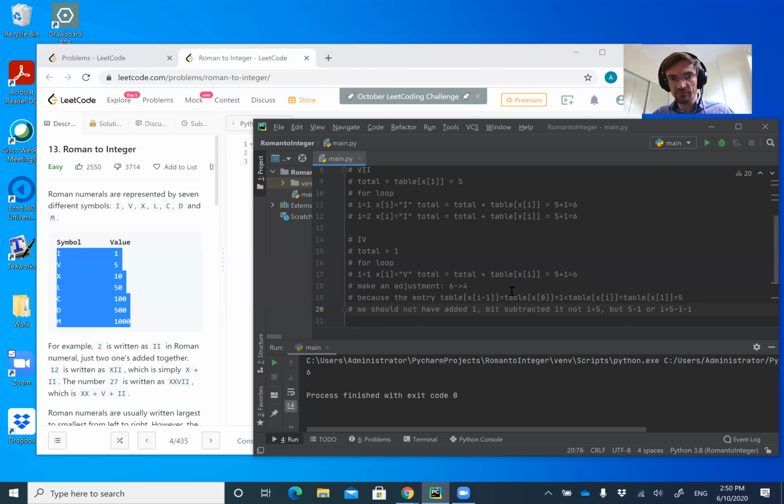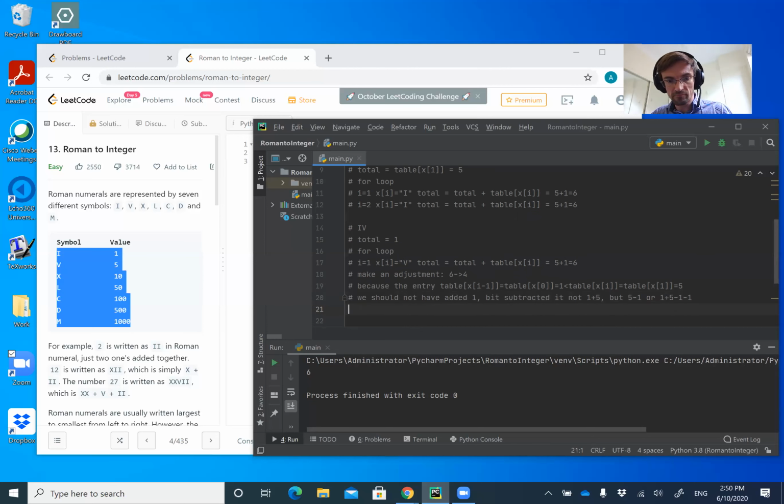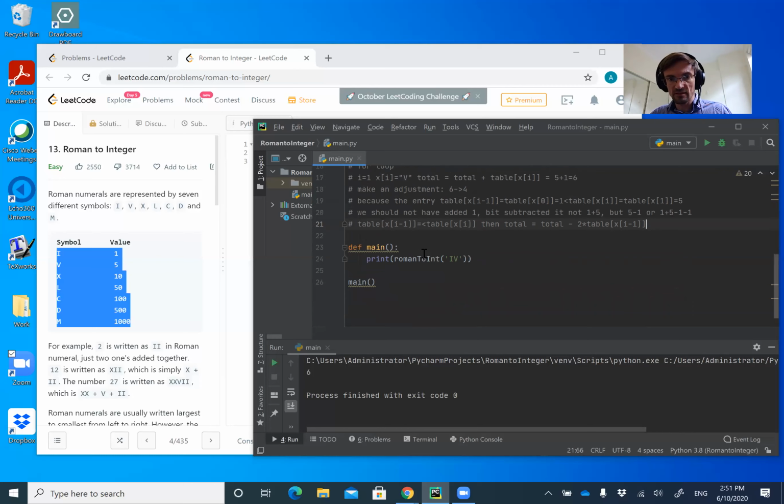That's basically what we'll be doing. So if table is strictly less than table of i, then take the total and subtract: total minus 2 times the previous value minus 1. That will be the idea, and let's just adjust that.